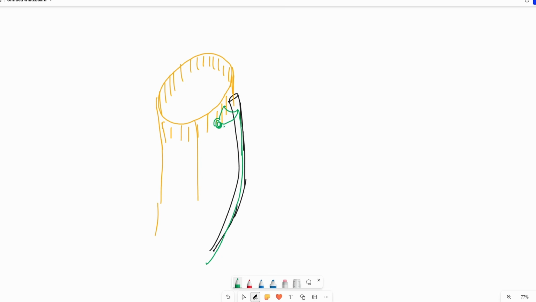Here let me first complete this diagram. Okay, intermediate mesoderm, and here as well, of course, the paraxial mesoderm. I hope you can understand my drawing here.